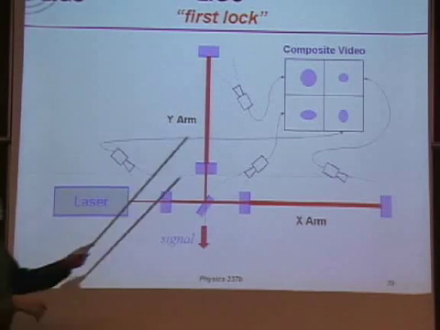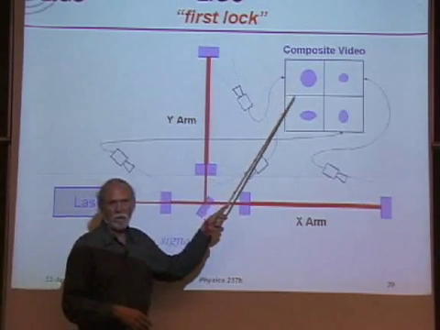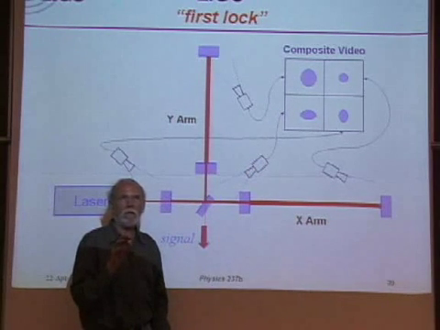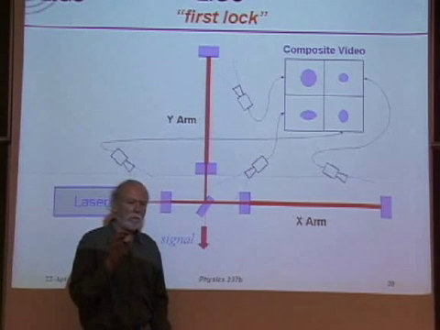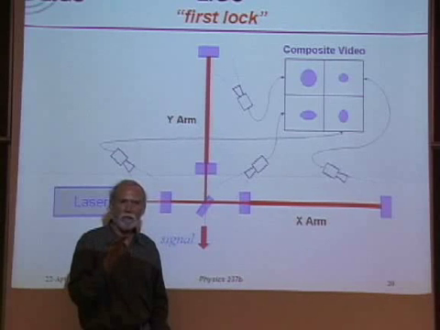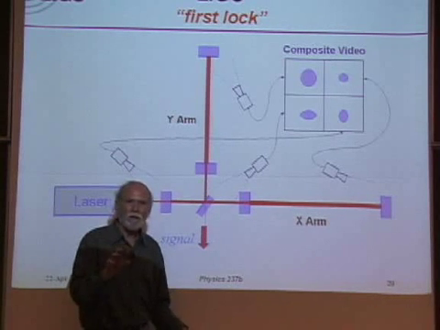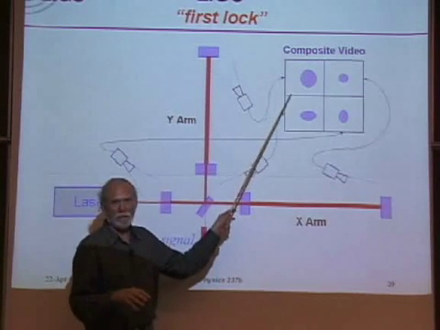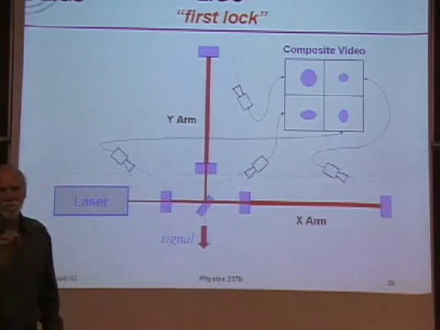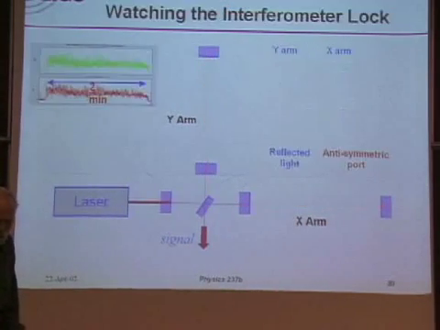Second thing is the images are white on a dark background. So as the resonant luminosity of the beam builds up, you don't see a whiter image, you see the background get blacker. So that's the two things to keep in mind. As it builds up, you'll see the background get blacker.